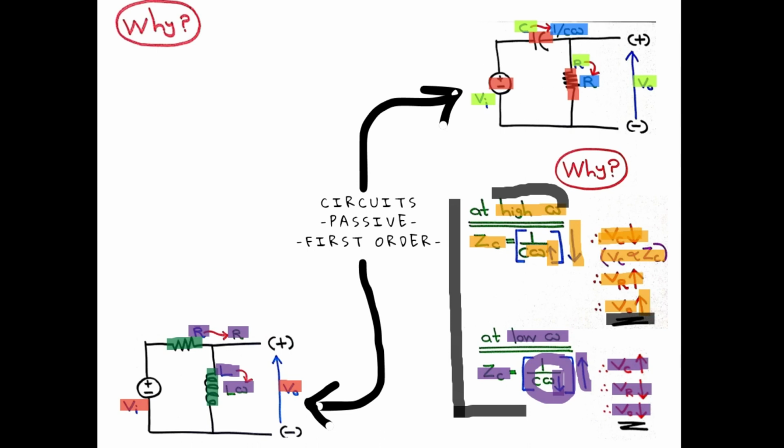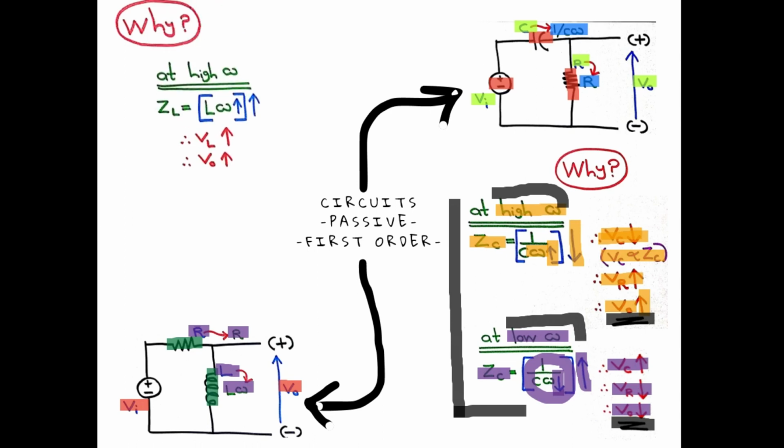And when the frequency of the input voltage waveform is low, the output terminal voltage is attenuated, which means this circuit is working as an ideal high-pass filter. Okay, I think you got it. Right. Next, we are going to look at the second circuit.